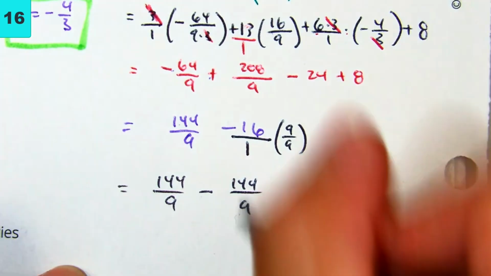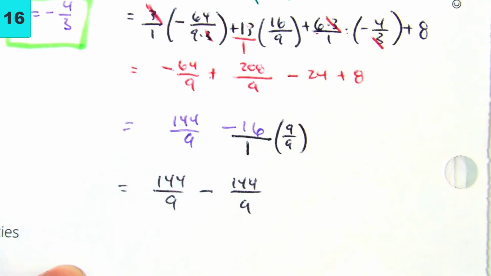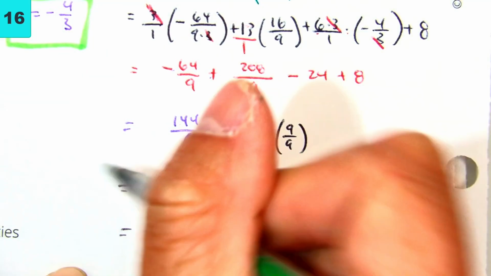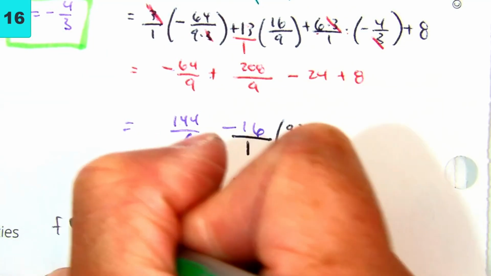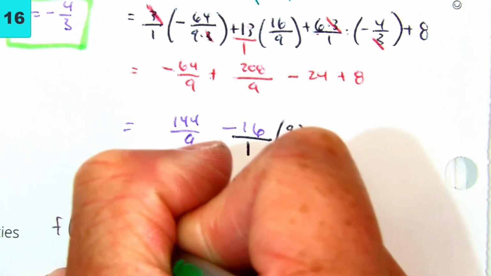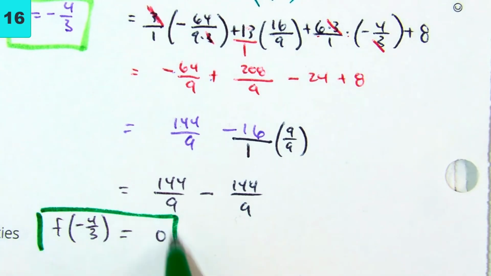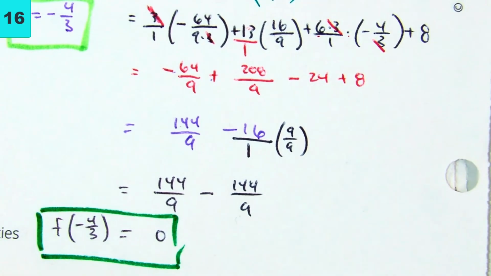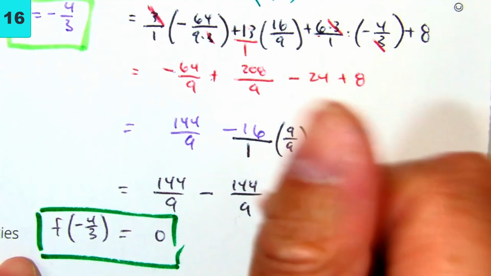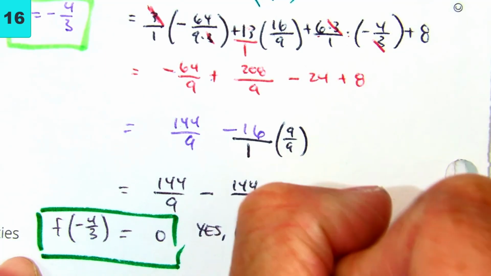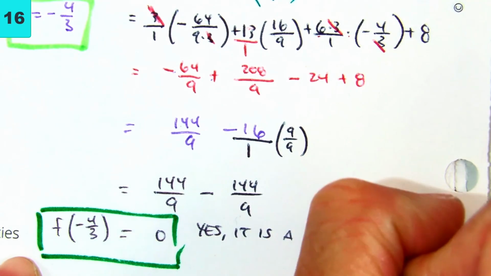So I have a positive, I have a negative, that equals 0. So f of negative 4/3 equals 0. Yesterday we learned that if your remainder is 0, then is it a factor? Yes, it is a factor. So there's our statement.